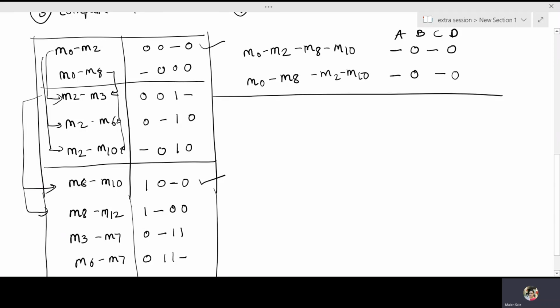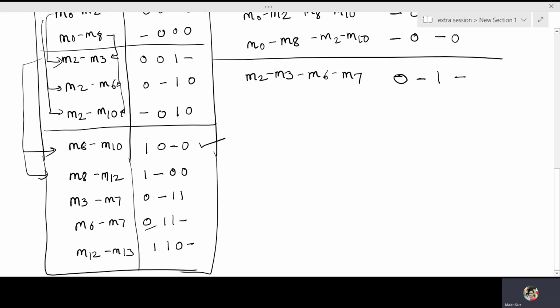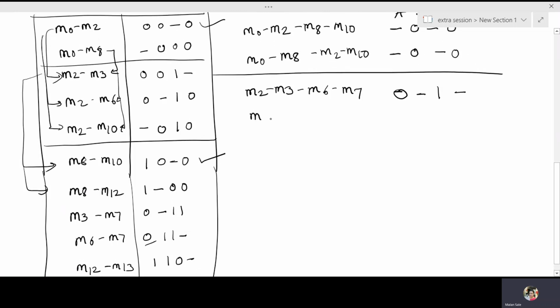Now the second group, M2, M3, can be compared with all the remaining pairs. M2, M3 with M6, M7, with only one bit change, is represented as 0-1-. Next pair will be M2, M6, M3, M7.